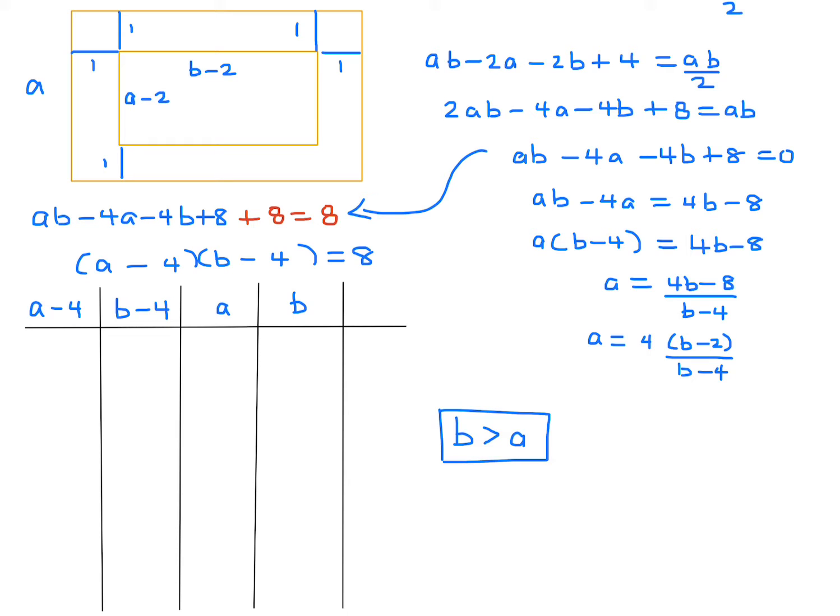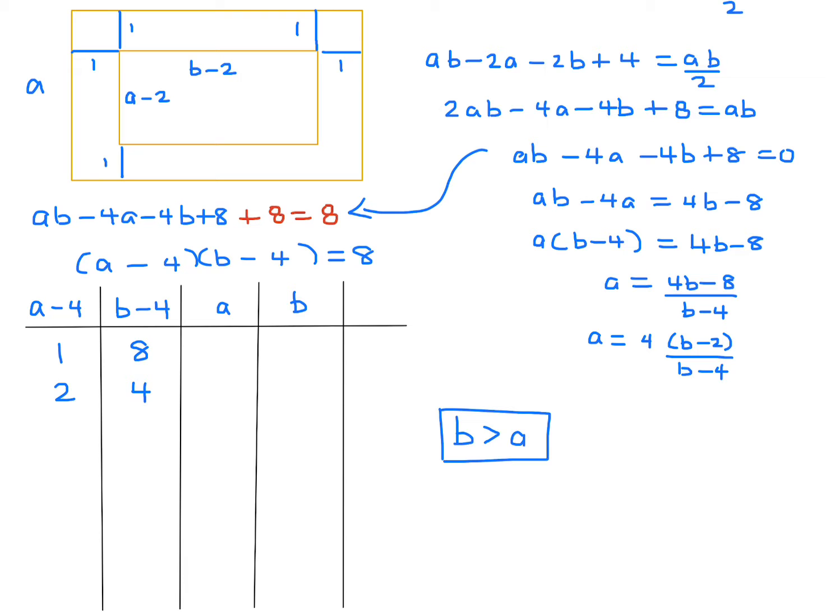Because a minus 4 times b minus 4 is equal to 8, and we're always talking about positive integers, since they represent lengths, we can easily figure out what these two could be. The only possibilities, considering that b is greater than a, are 8 and 1, and 4 and 2.